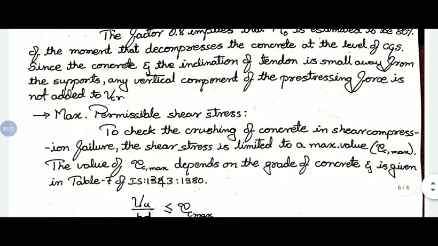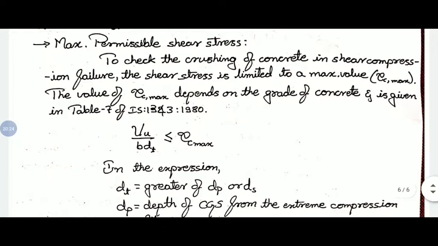So the maximum permissible pre-stress to check crushing of concrete in shear compression failure, the shear stress is limited to a maximum value of tau c, so tau c max. The maximum value of tau c depends on the grade of concrete and is given in table number 7. Vu by bd should be less than or equal to tau c max. So the shear force coming on the section, what we are going to calculate, that is Vu by bd.